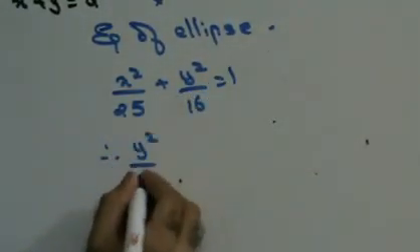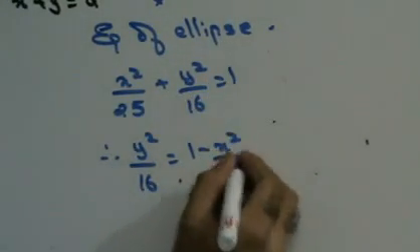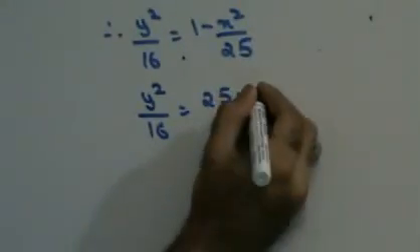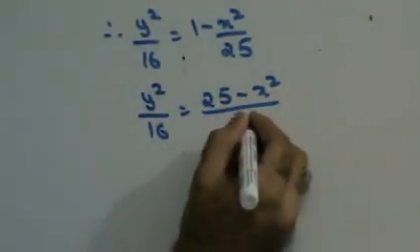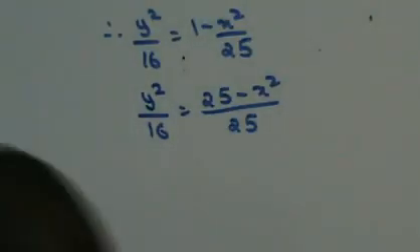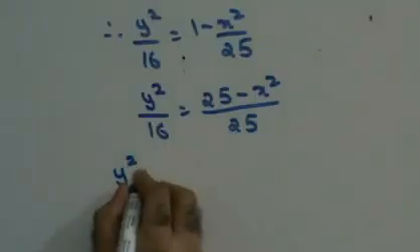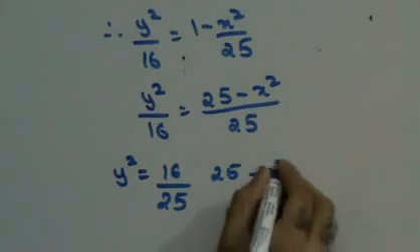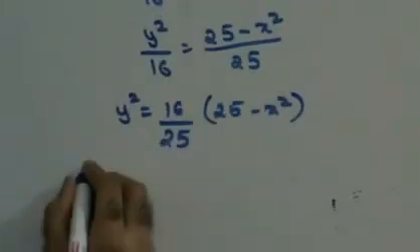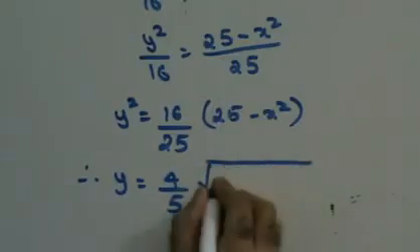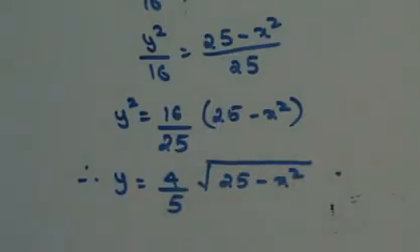Therefore, y square by 16 is 1 minus x square by 25, which is 25 minus x square upon 25. Take 16 to the other side, so y square is 16 by 25 times 25 minus x square. Therefore, y is 4 by 5 square root of 25 minus x square.